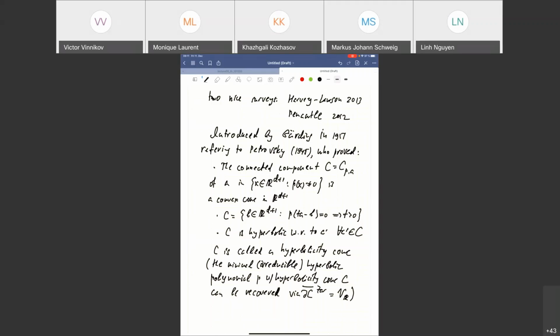And before moving on further, let me just mention the geometric or the topological picture. It's actually very simple.